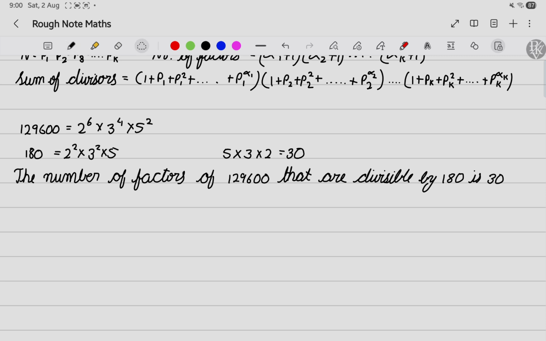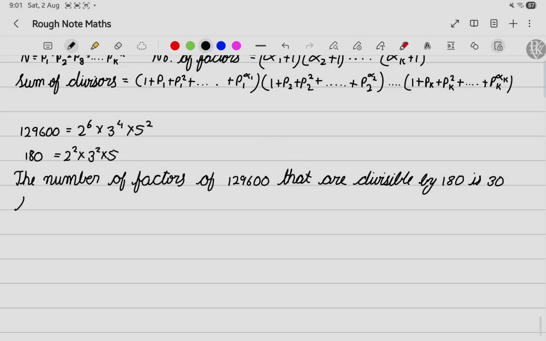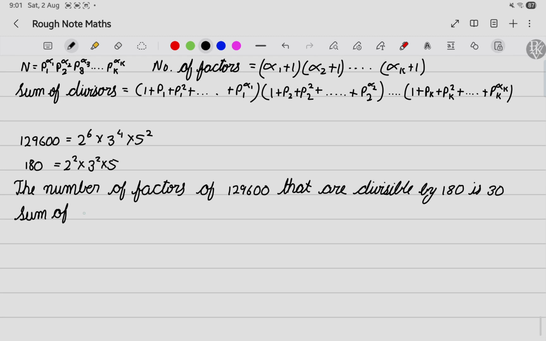The sum of these divisors or factors will be equal to 2 raised to 2 plus 2 raised to 3 plus 2 raised to 4 plus 2 raised to 5 plus 2 raised to 6, that's for 2, times 3 square plus 3 raised to 3 plus 3 raised to 4, that's for 3.